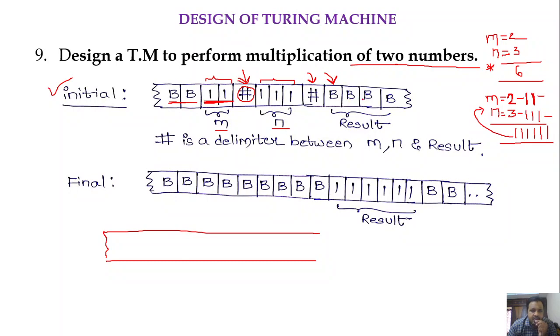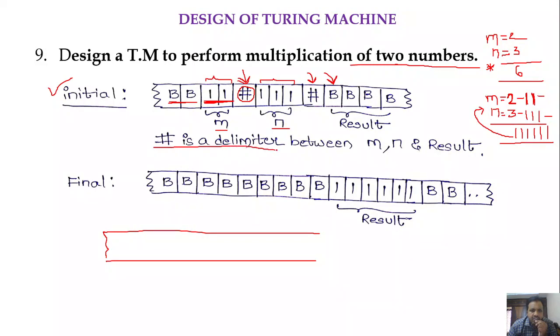We are separating these different portions of cells by using a hash. We separate m and n by using a hash, and we separate n and the result portion by using a hash. So hash is a delimiter.